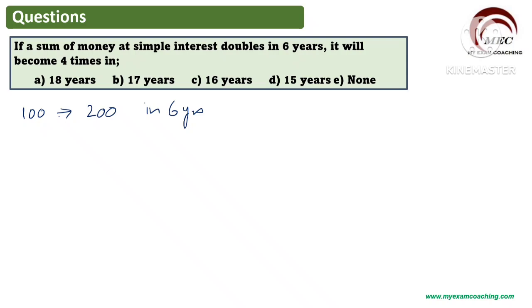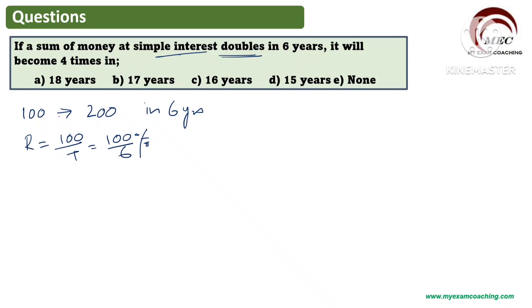First we will find out the rate. So 100 rupees will become 200 rupees in 6 years. Whenever money doubles in simple interest, rate is equal to 100 by time, that is equal to 100 by 6. That is the percentage rate.